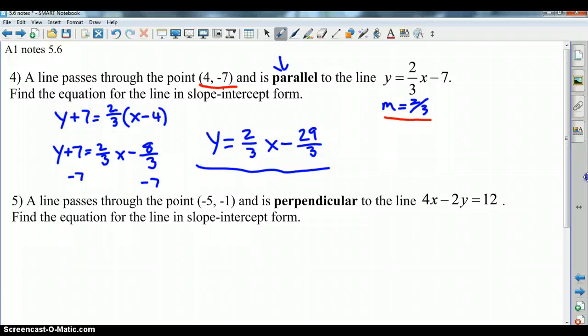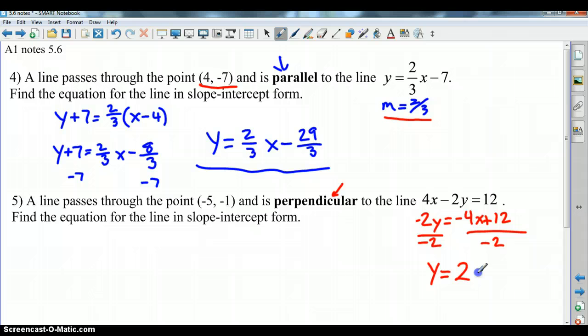Number 5 looks like a pretty similar question. However, there's one pretty key change, and that's the word perpendicular. So we're looking for a perpendicular line to the given line. Now this line, negative 2y equals negative 4x plus 12. I'm putting this into slope-intercept form so that I can actually find the slope of the given line. Negative 4 divided by negative 2 is positive 2.